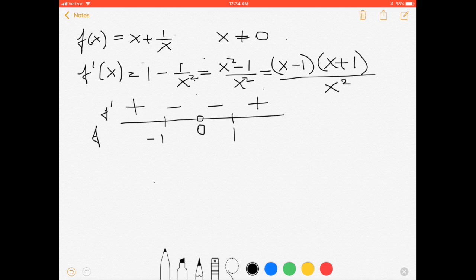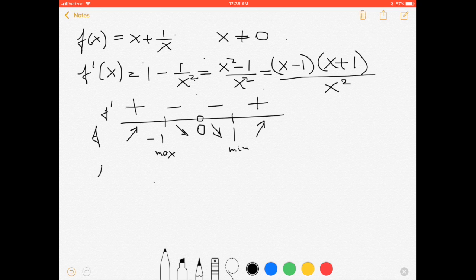We remember we talked about the mean value theorem: if the derivative is positive, the function increases. If the derivative is negative, the function decreases. This means negative 1 is a relative maximum and 1 is a relative minimum.